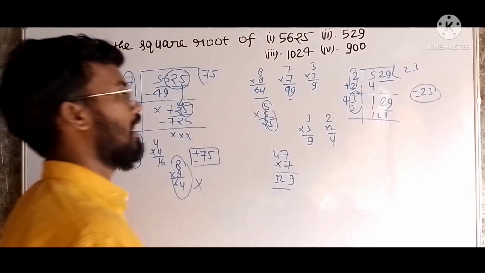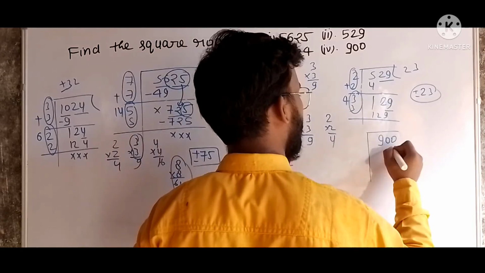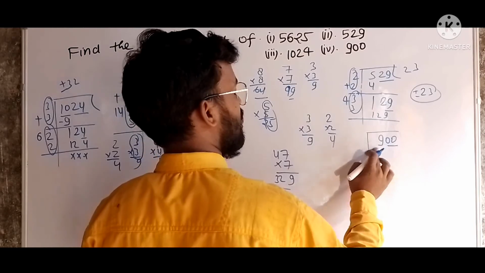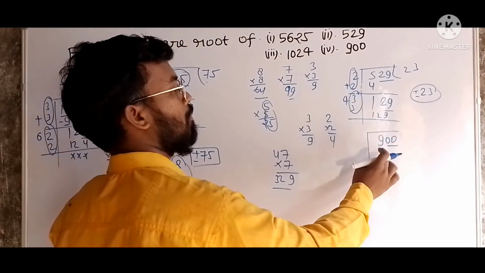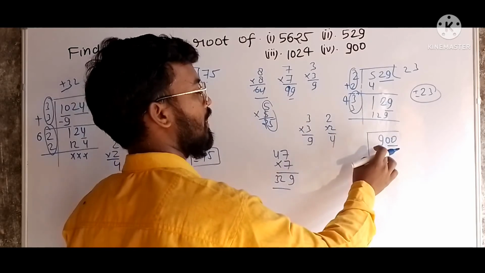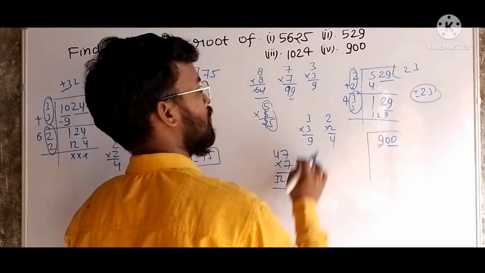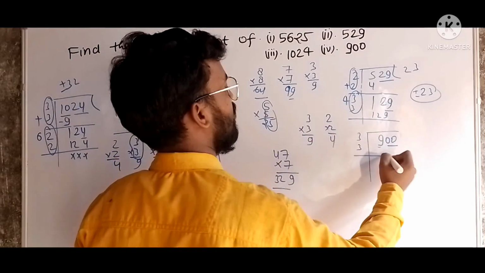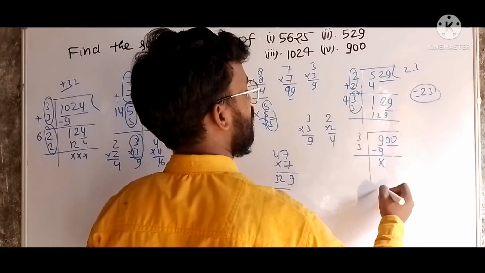Now for 900, take 900 and pair up from the end, and one digit is left, so take it alone. Now take a number and multiply it by itself so that we get exactly 9 or less than that. Here we observe that when we multiply 3 into 3 we get 9, so take 3 here, 3 times 3 is 9, so after subtracting it this value will be cancelled out.